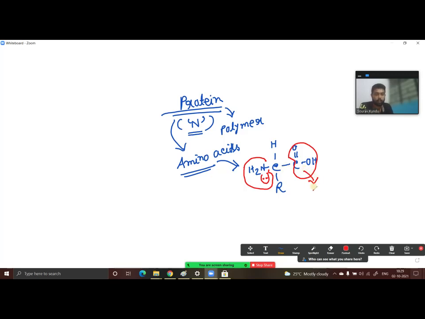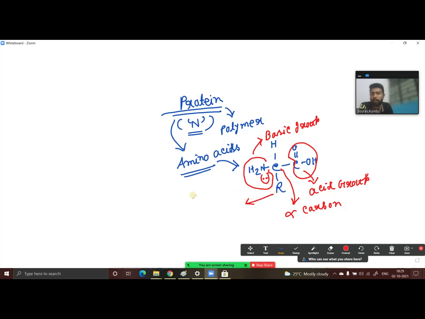So this is the acid group and this is the basic group. And as both the acidic and basic groups are present on the same carbon, this carbon is known as the alpha carbon.